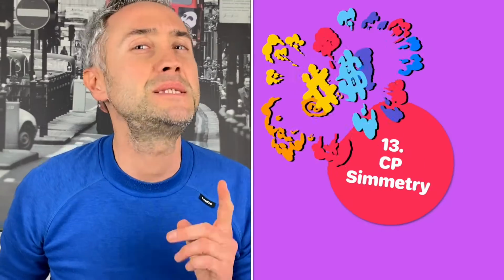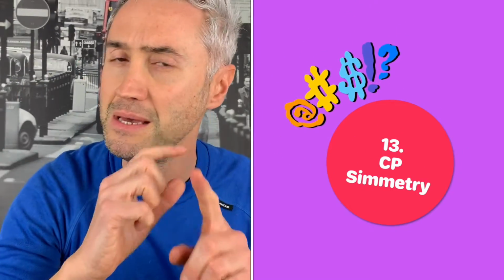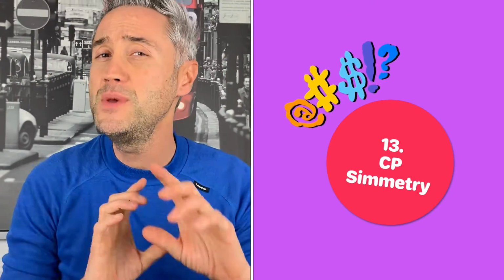Okay, let's go. CP symmetry. If you swap a particle with its antimatter sibling, the laws of physics should remain the same. That's the principle of charge symmetry.